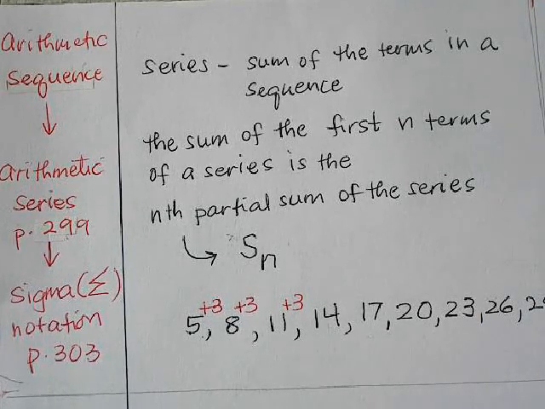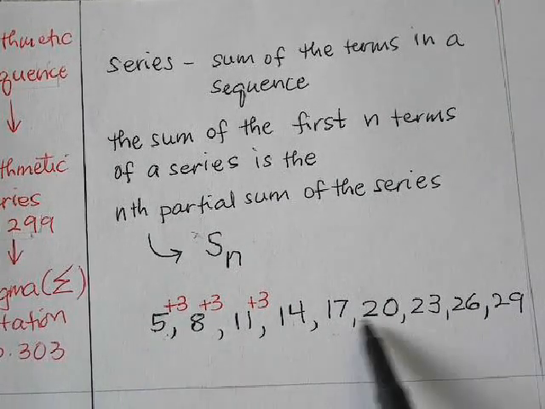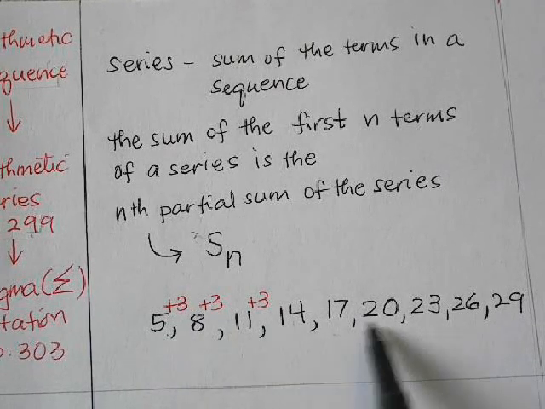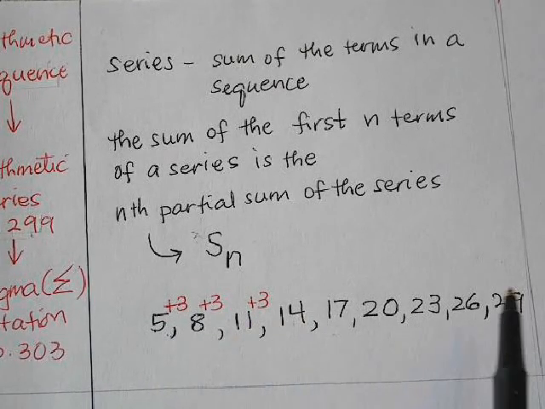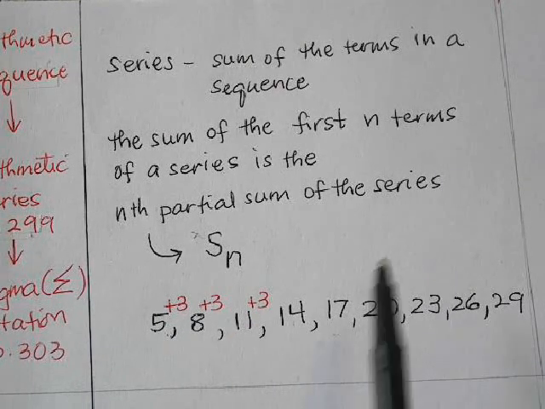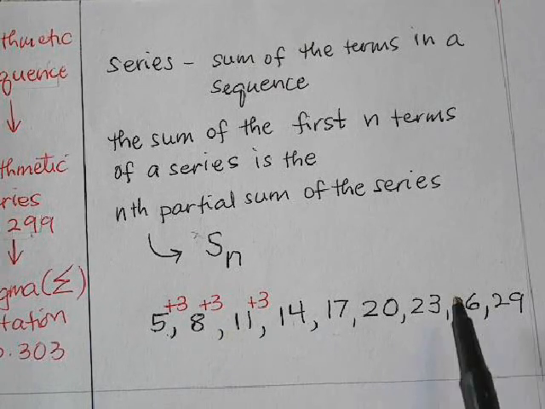If I ask you to add all these numbers, it's going to be a bit cumbersome, right? So if I ask you to add all of this, then I'm asking you to find this series, or the partial sum of this list here.